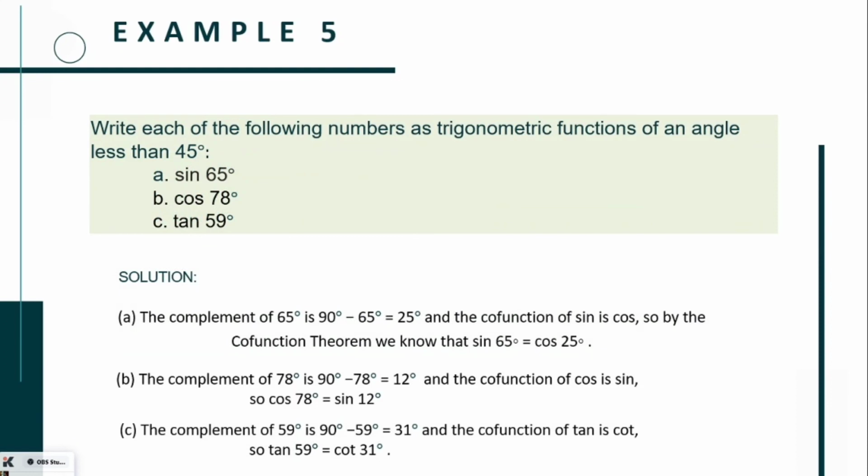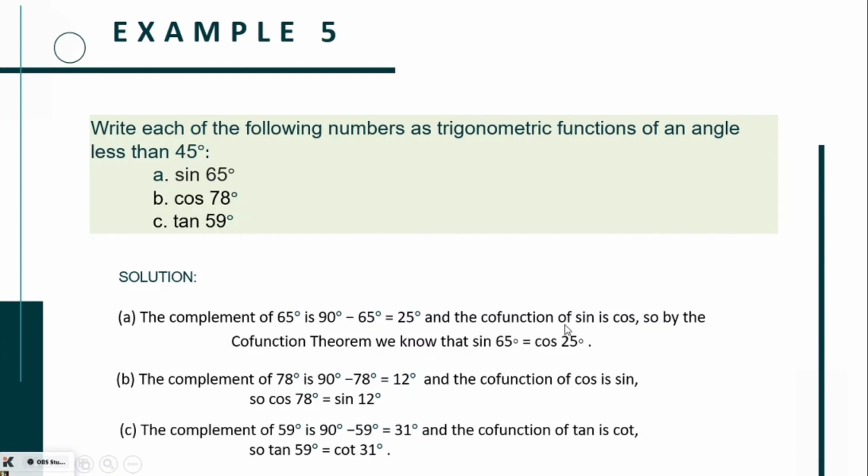So let's have our example. Write each of the following numbers as a trigonometric function of an angle less than 45 degrees. A, sine 65. The complement of 65 degrees is 90 degrees minus 65 degrees, that's 25 degrees.